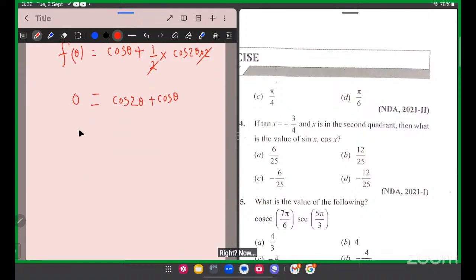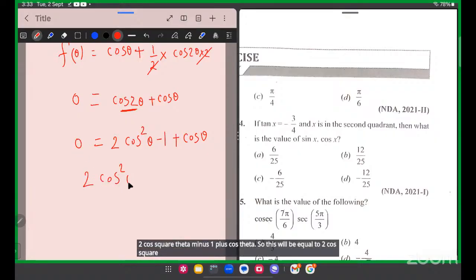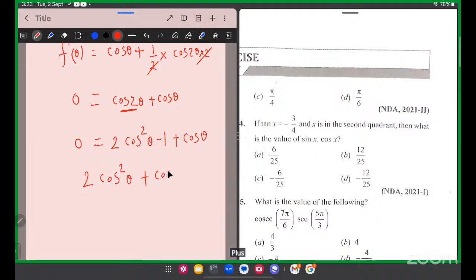Now, from here, just check. I can write this one as 2 cos square theta minus 1, right? 2 cos square theta minus 1 plus cos theta. So this will be equal to 2 cos square theta plus cos theta minus 1.